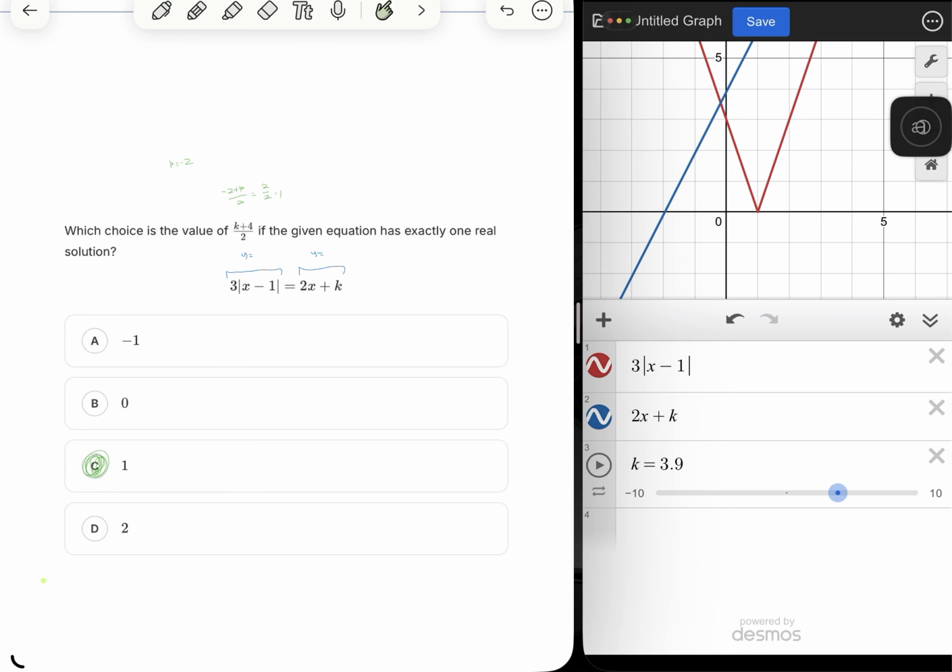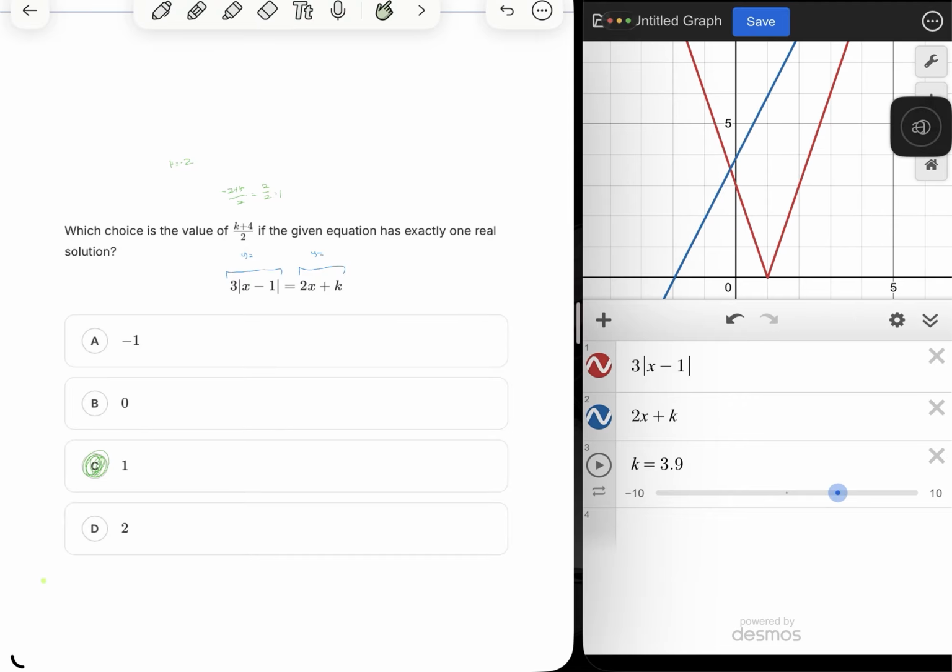I call this method the single point lock. The reason is that the entire system of equations only locks onto one critical point where the solution count drops to 1.